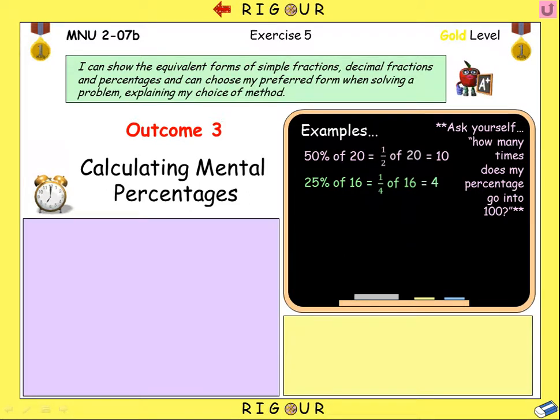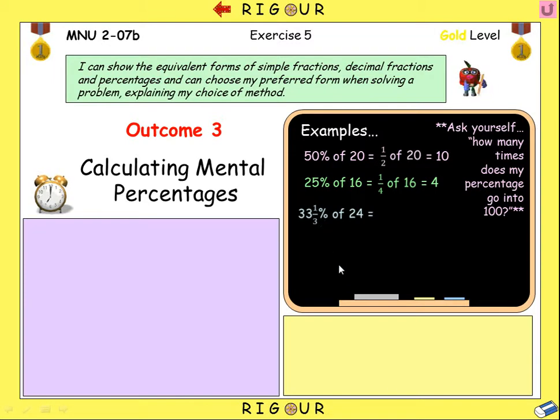So again, let's try another one. This time it looks really scary, but it's not really. 33 and a third percent of 24. So how many times does 33 and a third go into 100? Well, let's check 33 first of all. 33, 66, 99. Well, that's very close to 100, isn't it? So I'm going to guess 3 times. And if you think about it, the 3 thirds add up to 1 whole.